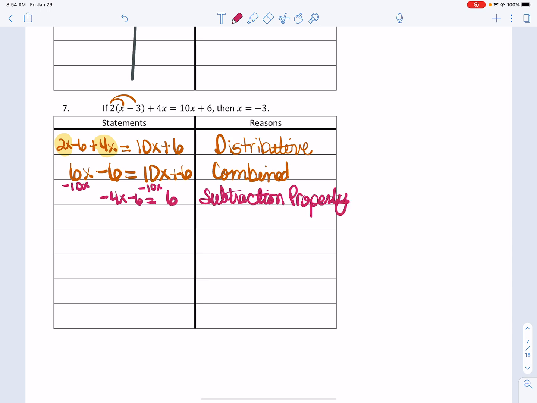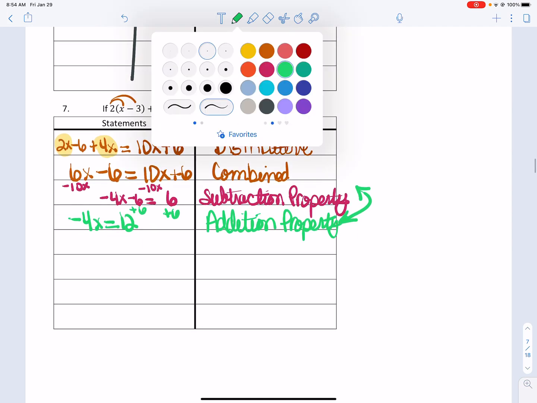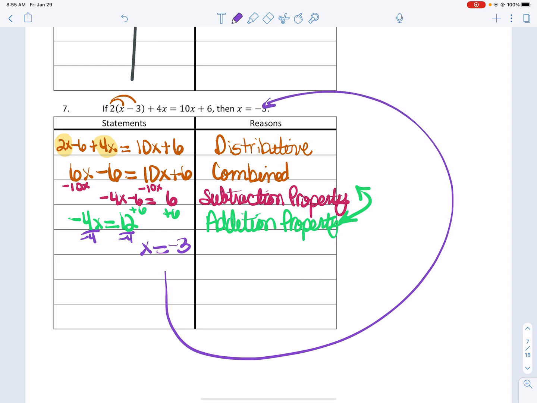But you could have dealt with the numbers first, and so then you could have added 6 and added 6, so that would have been the addition property, and so those two are interchangeable. You could have done one of them, so you might not have the same steps as me, so that would have been a negative 4x equals 12, but your last step is going to be the same. You're going to divide both sides by a negative 4, and so you get x equals a negative 3, which is what was up here, and that was the division property.